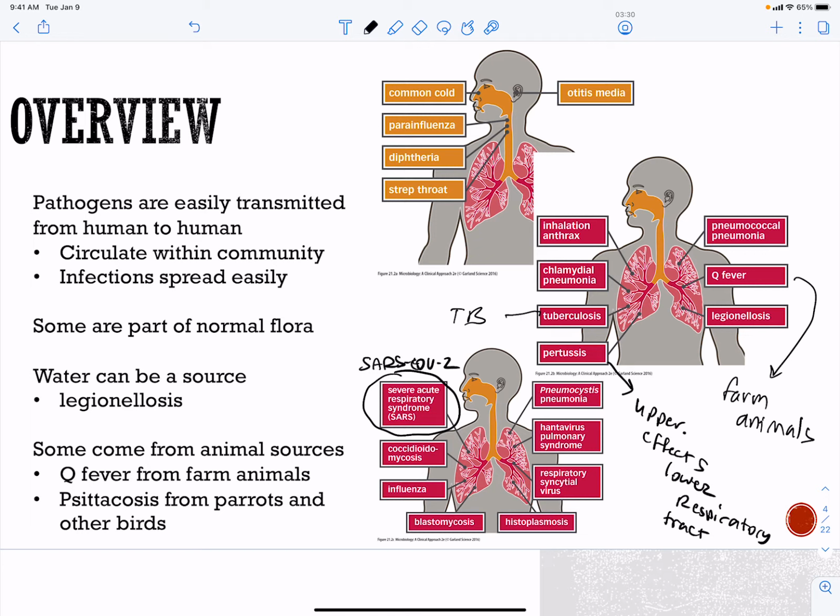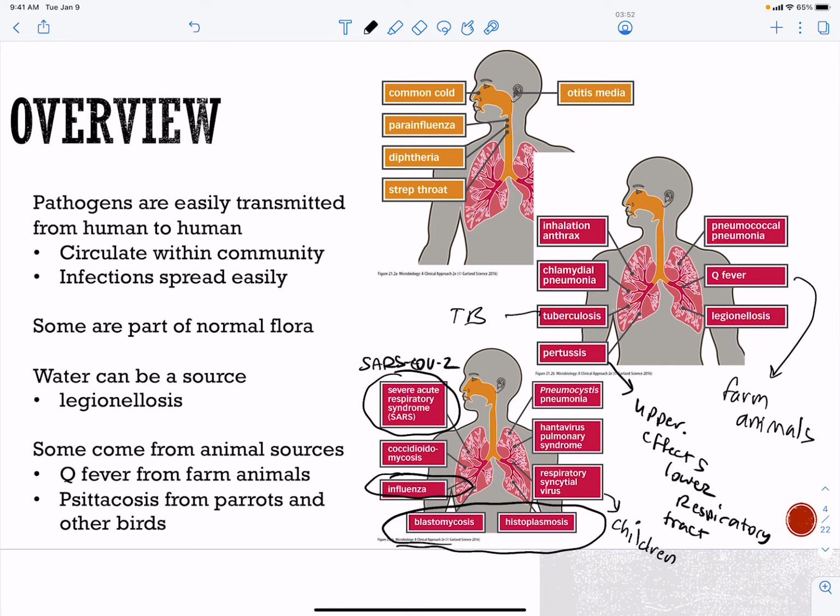And influenza is another, of course. We also have some of our fungal agents that can infect the lower respiratory tract, histoplasmosis and blastomycosis. For children, RSV is very important, but adults also get infected with RSV, and they're usually the transmitters to children.